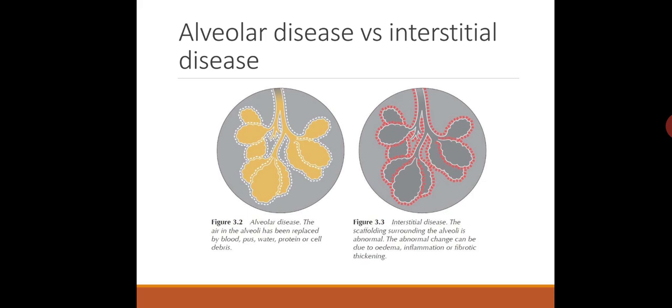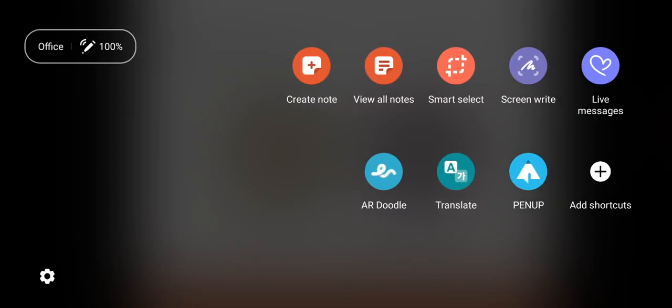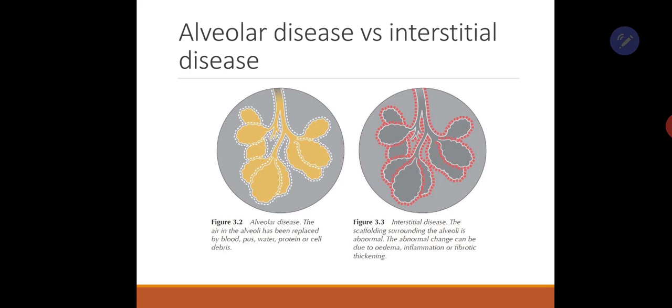See, these are the alveoli, the sac-like structures, and in alveolar disease, the air in the alveoli has been replaced by blood, pus, protein, or cell debris.